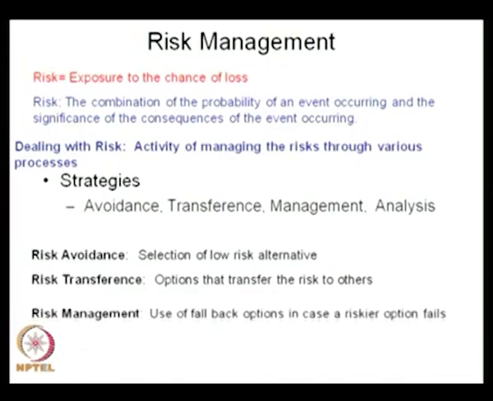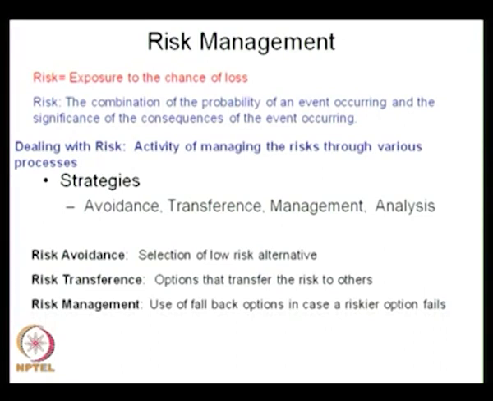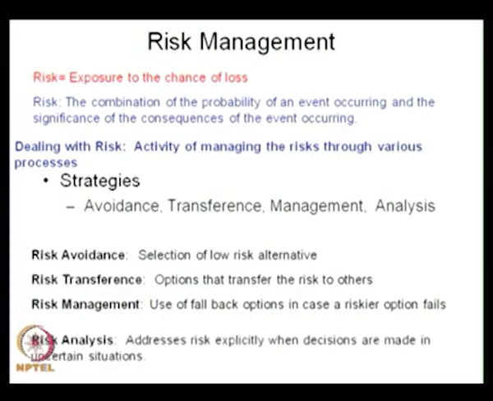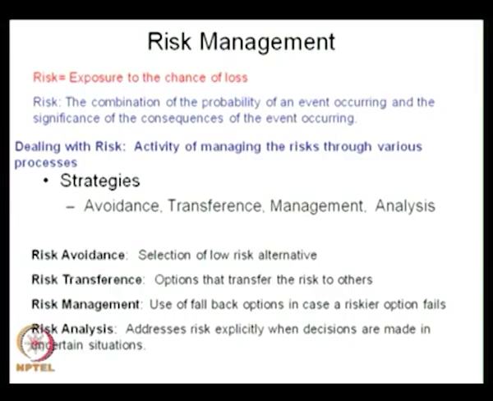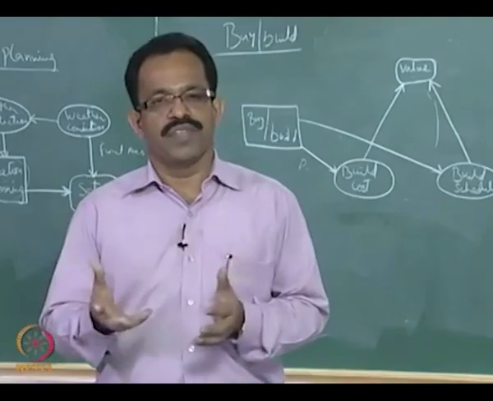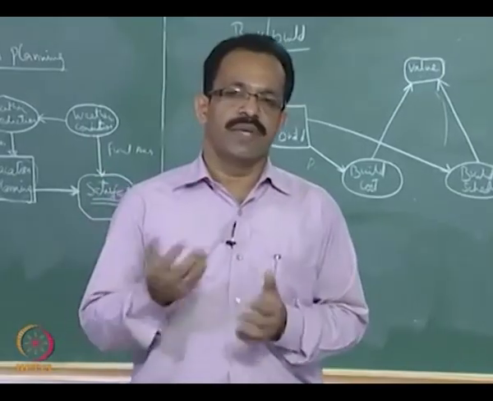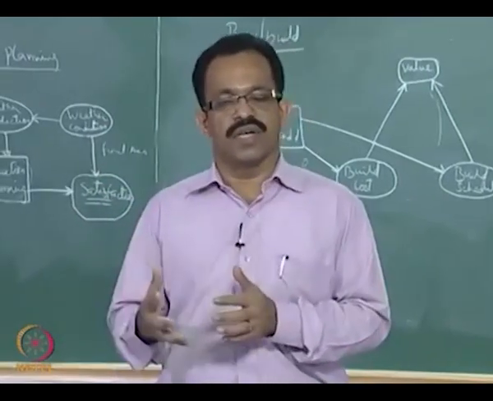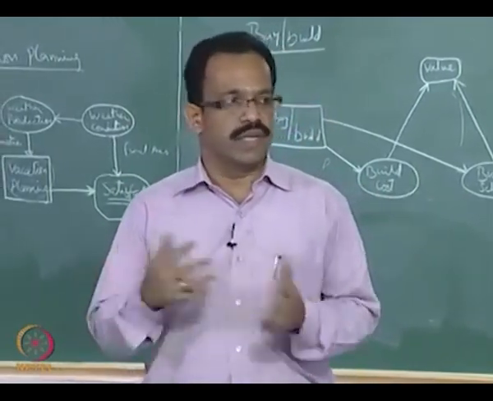Then there is risk management, the use of fallback options in case a riskier option fails. You have more options so that if something fails, you will have another option. The next one is risk analysis, which addresses the risk explicitly when decisions are made in uncertain situations. Risk analysis is to find out the possibility of that risk and its influence, and then make a decision based on that. You analyze the risk in a detailed way and get the outputs.